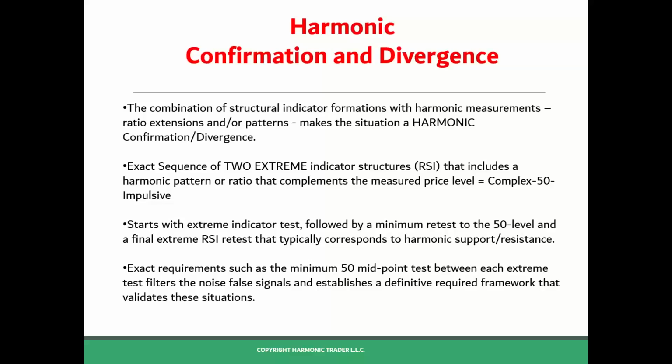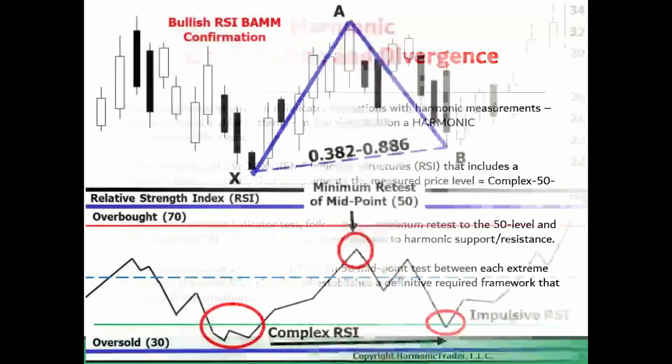Now we're talking RSI, we're looking for those 2 tests, usually separated by an in-between 50 level. And again, we want to look at that either at the pattern completion or between the 2 patterns, looking for the first initial completion of the complex test and then look for a retest.